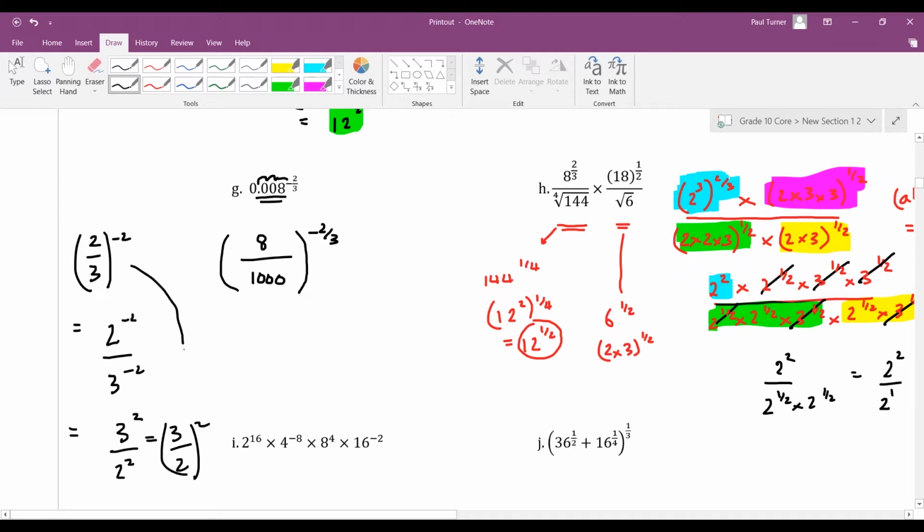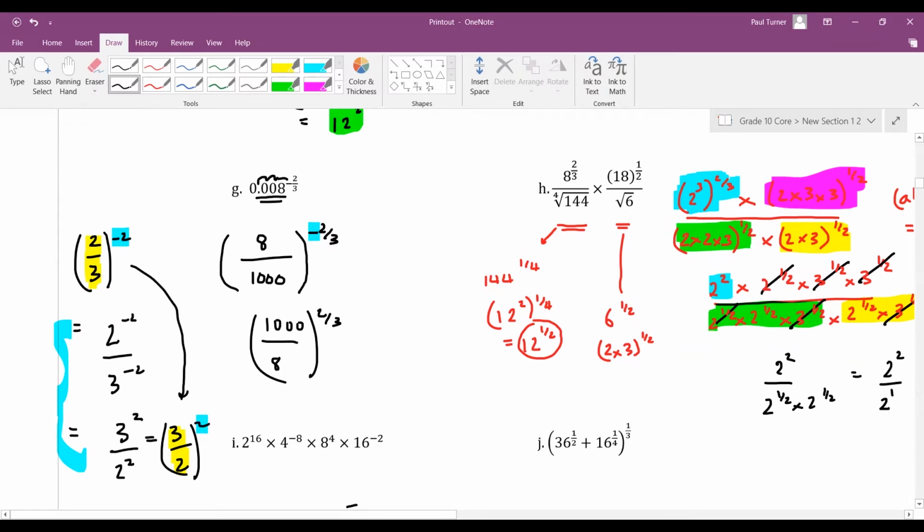Do you see what happened here? We can take the fraction, which is 2 on 3, and flip it over to be 3 on 2, and then change the sign on the power. So minus 2 will become plus 2. You don't need to do this bit in the middle. If you want to make this positive, all you need to do is go 1,000 on 8 and make it 2/3.